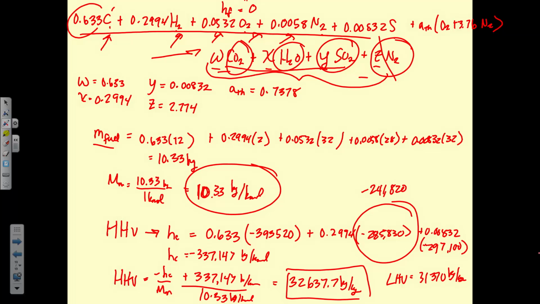So it's multiplying the number of kilomoles times the molar mass of each of these individual components, like the hydrogen, the oxygen, the nitrogen, the sulfur, to find the mass. So the molar mass of the mixture is the mass of the fuel over the moles.